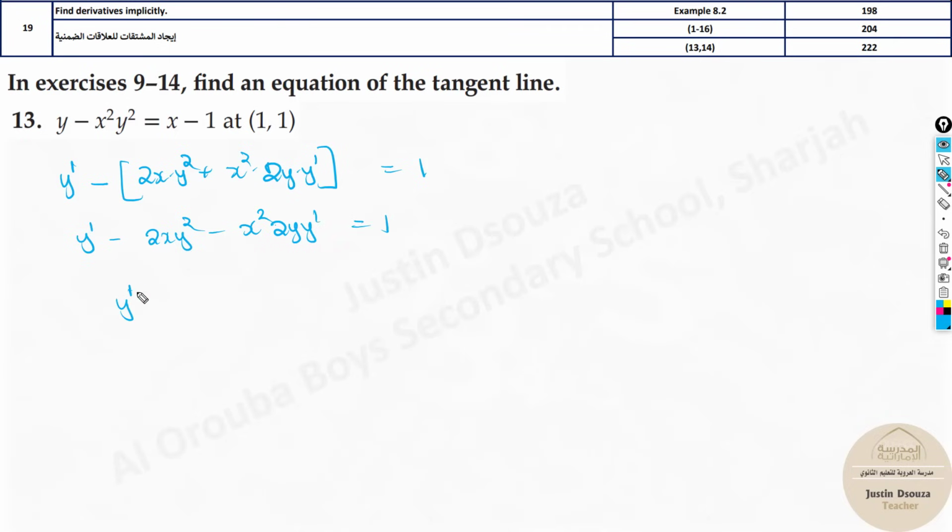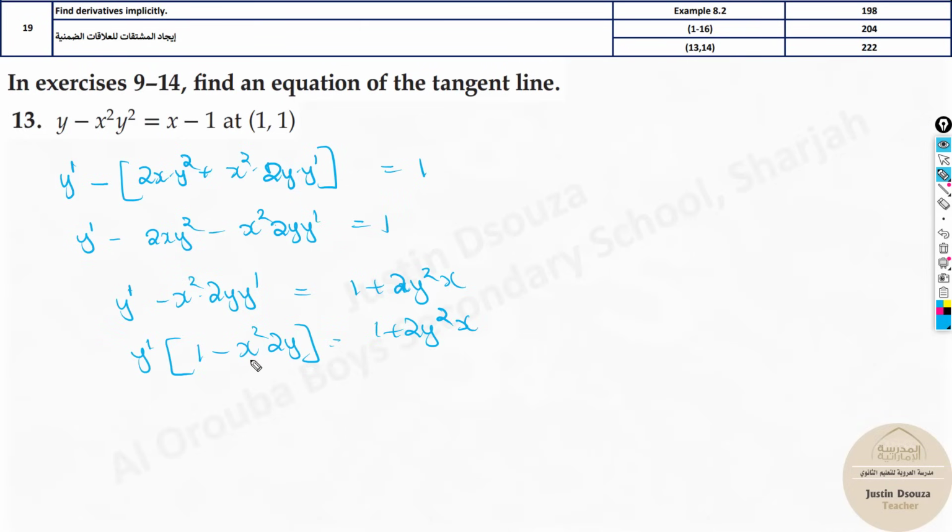So y dash over here, and then over here also there is y dash, x squared into 2y dash, that is equal to, this goes to the other side, 1 plus 2xy squared. Now here y dash is taken out, 1 minus x squared 2y equals so much.